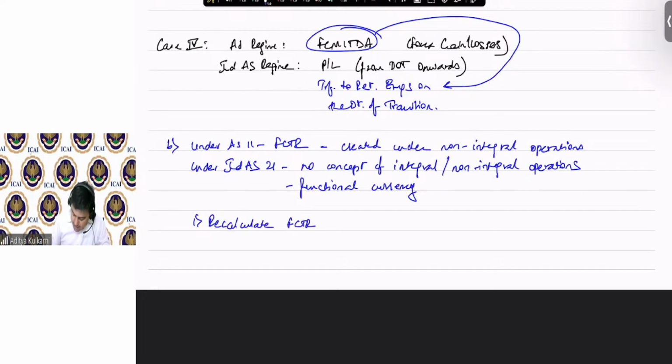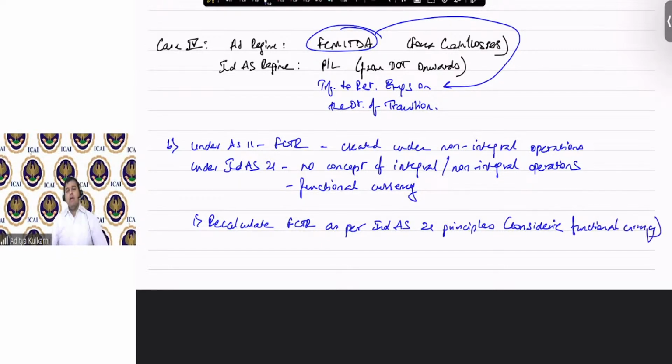Recalculate FCTR as per Ind AS 21 principles, considering functional currency.